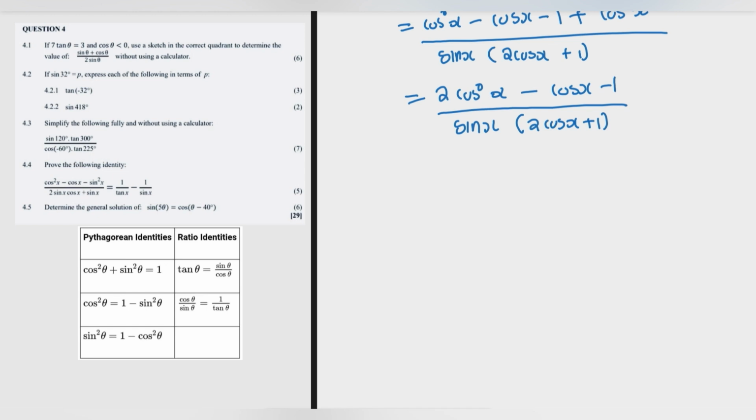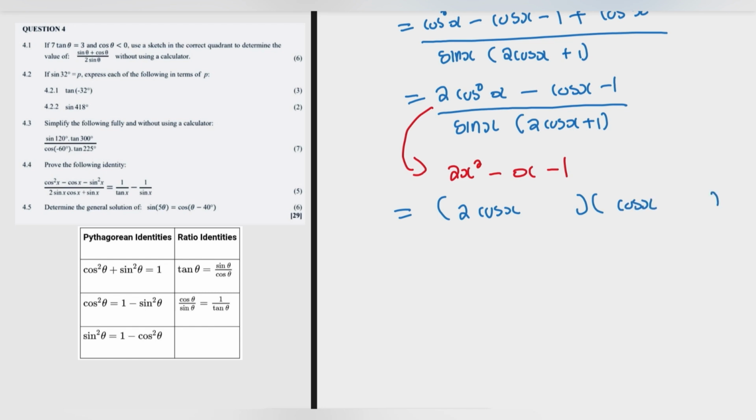Whatever we have on top is the same as having 2x squared minus x minus 1, right? So we're just going to factorize it like we would an algebraic expression. So we're now going to say 2 cos x.